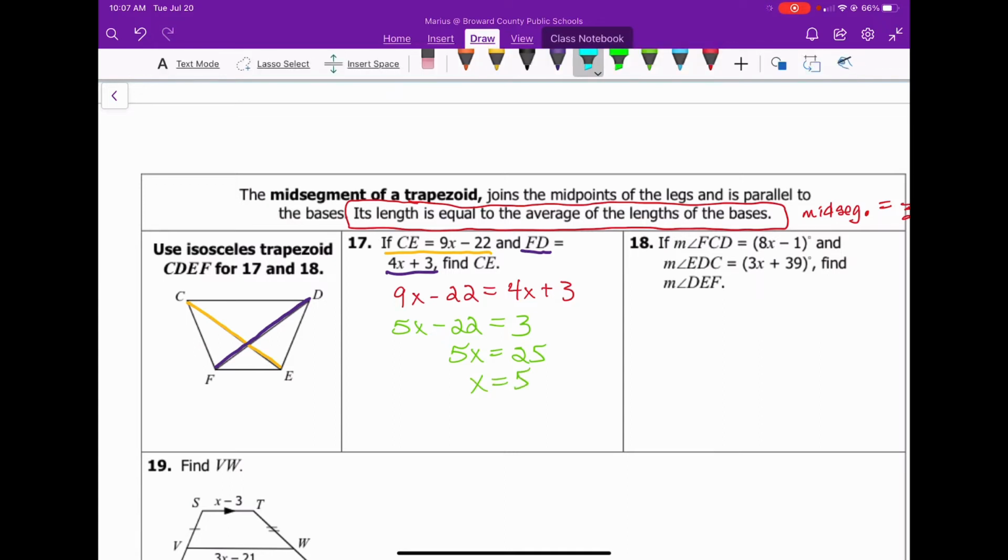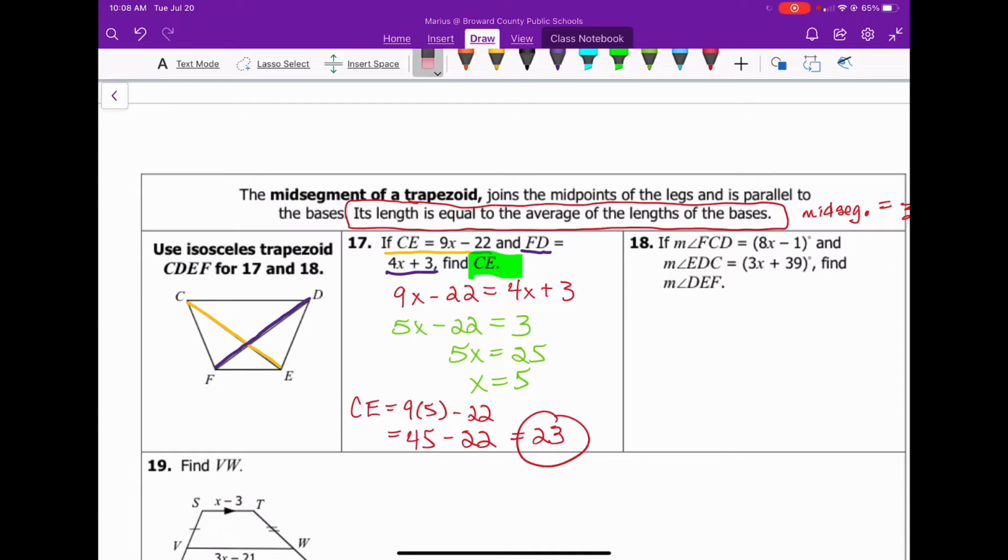They want us to find CE, so we plug x into CE. CE is equal to 9 times 5 minus 22, which is 45 minus 22, equal to 23. So our final answer: CE and FD are both equal to 23.